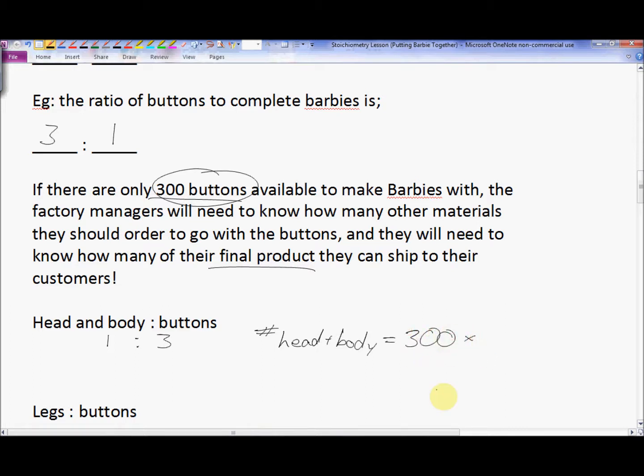So 1 over 3, and that gives us 100. So we know we'll have to have at least 100 head and bodies in order to go with our 300 buttons so that everything gets used up.